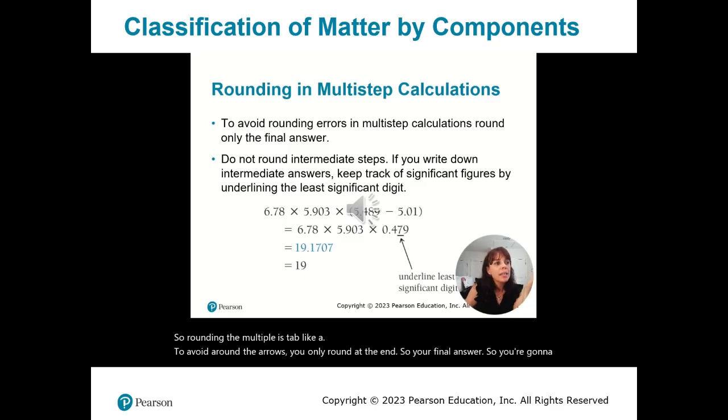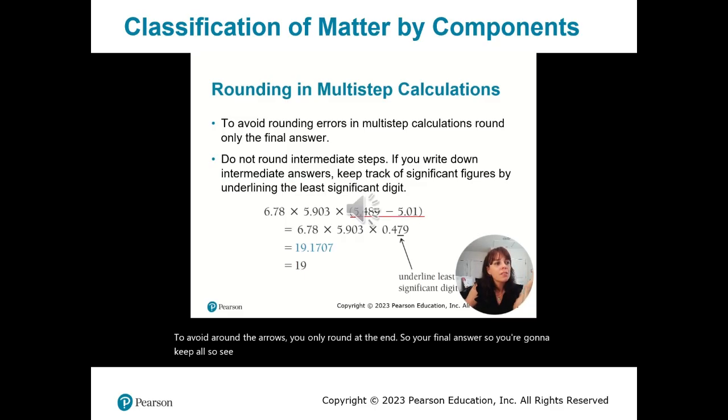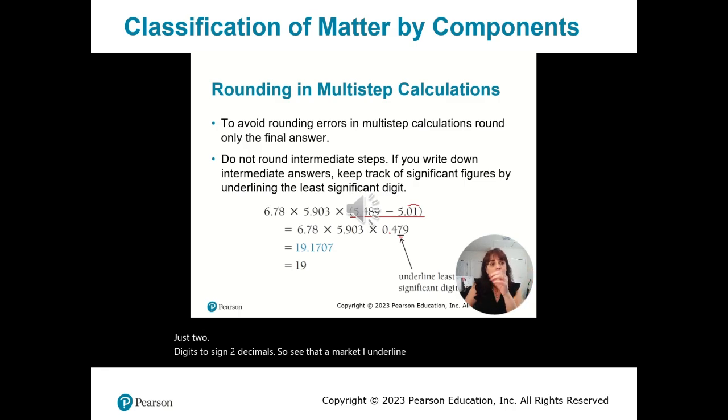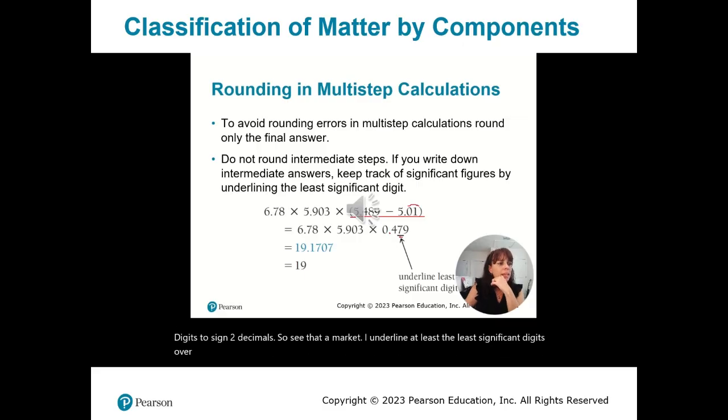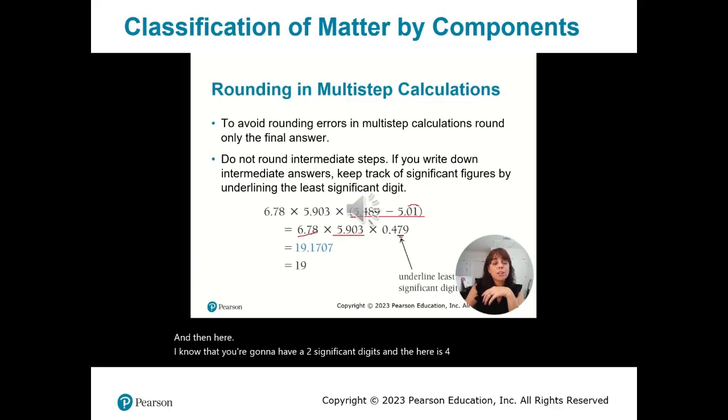So see, I should have just 2 decimals. So I mark it, I underline at least the least significant digits over here. Here I know that you're going to have 2 significant digits, here it's 4 significant digits, and here 3 significant digits.